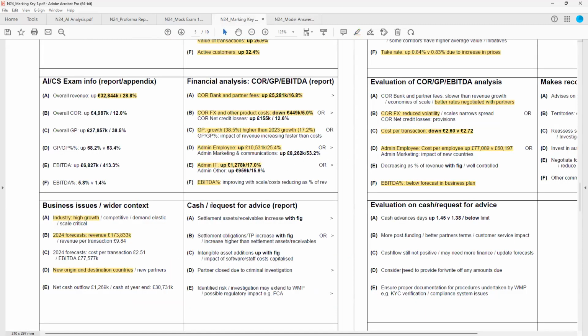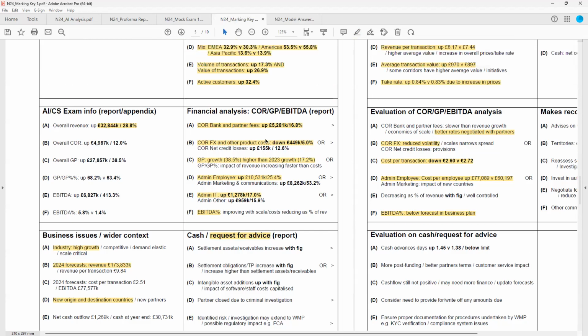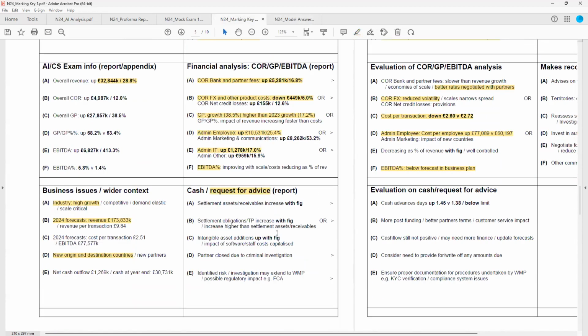So as I said, usually the request for advice would have its own two boxes, but this was quite a small one, and there was cash in there as well as having to do EBITDA, gross profit, and revenue. So it's kind of squeezed into here. But like I said, it doesn't matter too much. If EBITDA was squeezed into here as well, less of these points would be possible. So you can't predict it entirely.